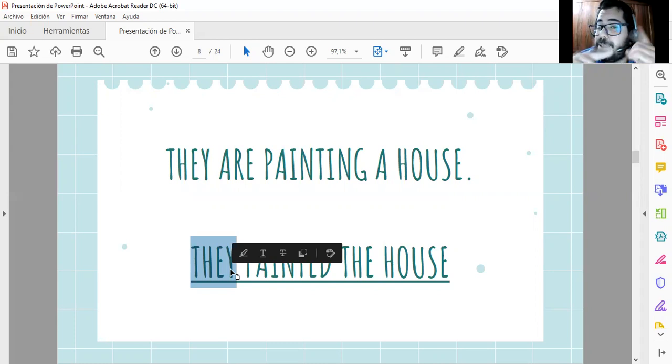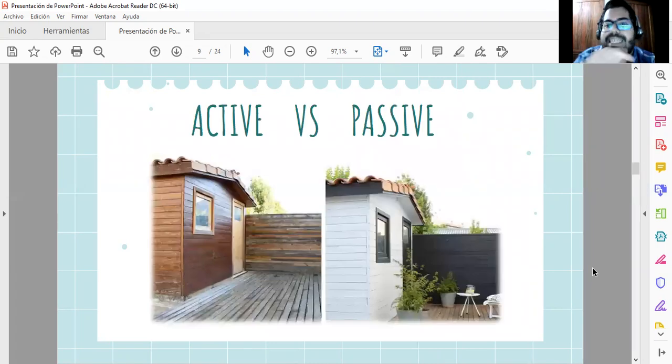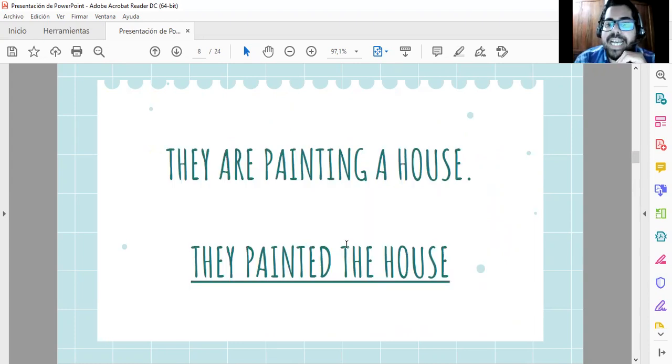Let's go to the other perspective. Take a look in here. What comes to your mind? Maybe you're thinking about the house, right? Exactly. You're thinking about the house, about the object, about the receiver. In here, the house was the object. What did I paint?